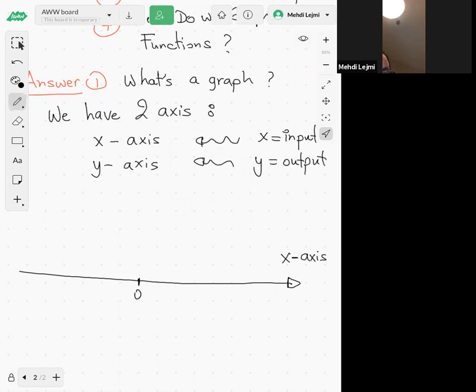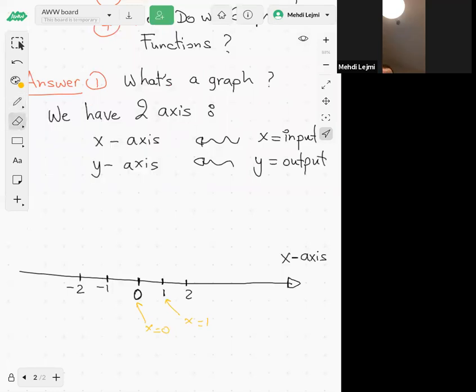Let's say here's 0, 1, 2, -1, -2, etc. On the x-axis, when you have 0, it means that x is equal to 0. When you have 1 on the x-axis, it means that x is equal to 1, etc. These numbers represent the value of x.